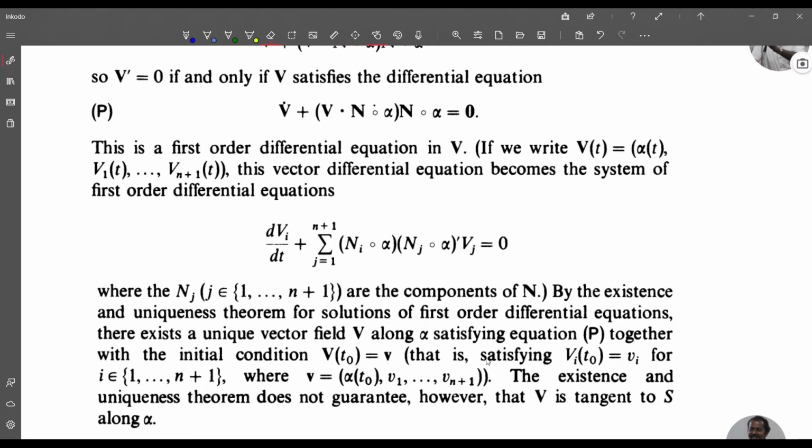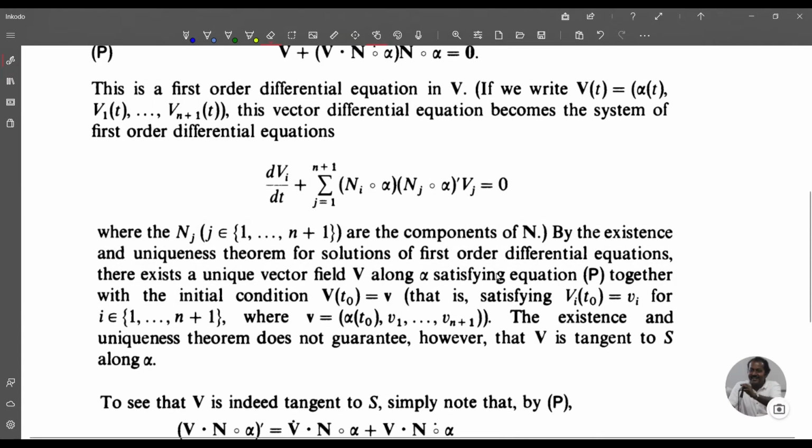So by the existence and uniqueness theorem of solutions of first order differential equations, there exists a unique vector field V along alpha satisfying the equation P, together with initial conditions V of t naught equal to V, that is, satisfying Vi of t naught equal to Vi for i belongs to 1, 2, etc., n plus 1, where V is (V1, etc., Vn plus 1).